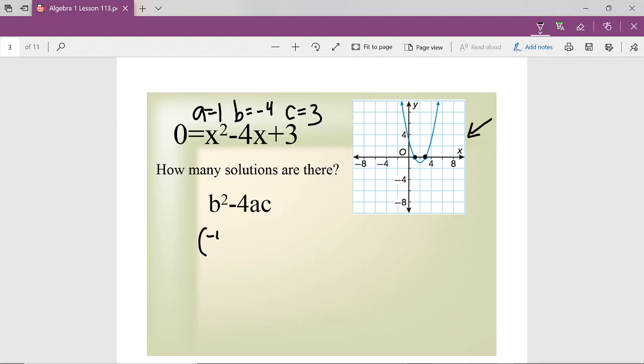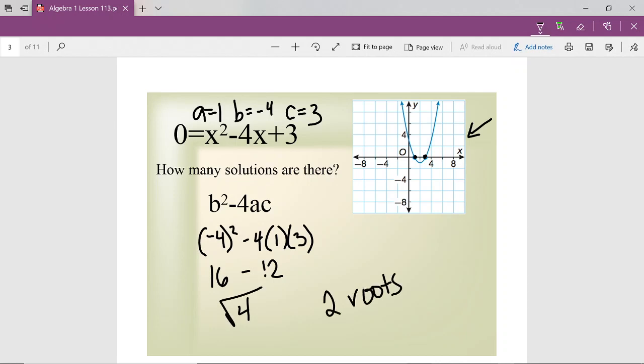We have b squared, so negative 4 squared, minus 4 times 1 times 3. So we get 16 minus 12, so we get 4. Since that's a positive number, we are going to have two roots, because when we actually take the square root of it, we're going to have a plus 2 and a minus 2 to work with in order to get my different solutions.